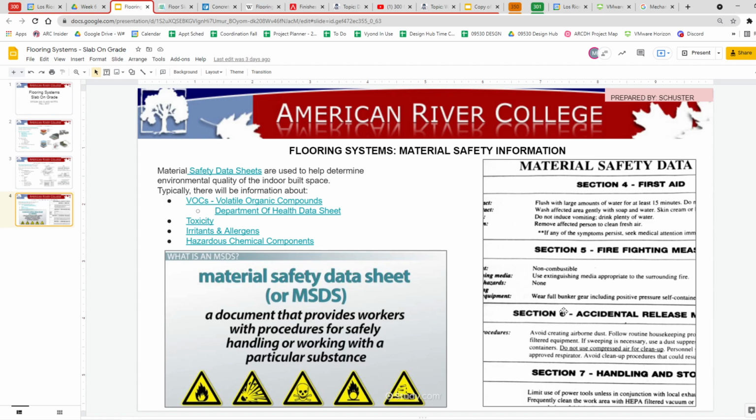Most operations, businesses, factories, manufacturing plants have to have a safety data sheet for everything that might have a chemical compound on site, so that if something happens, you can look it up very quickly. Okay, and they have to be easily available. So you can look those up.